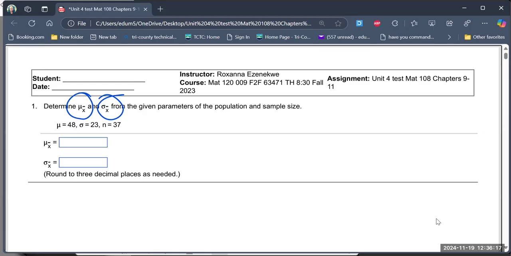And mu x bar is the mean of the central limit theorem. We talked about this for a long time. They just want to know if you remember your central limit theorem. Remember that it does not matter if the original data is skewed right, normally distributed, or skewed left.